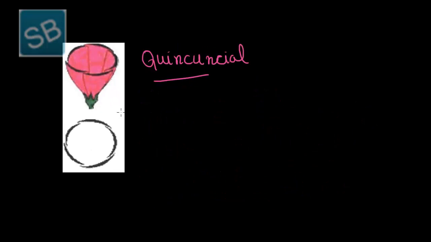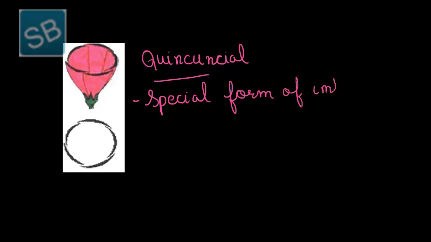Now the fifth and the final type of aestivation is cuneiform aestivation. Now this type of aestivation is a special form of imbricate aestivation, because here, like imbricate aestivation, the components are both outer and completely inner, and the others overlap one another.